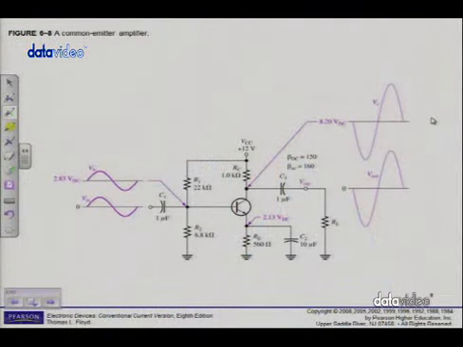Let's carry on. 6.3 on page 263, the common emitter amplifier. Now this is the amplifier that you're also going to design, build and test in the lab as well, and you're going to be evaluated on that. But nothing to fear.